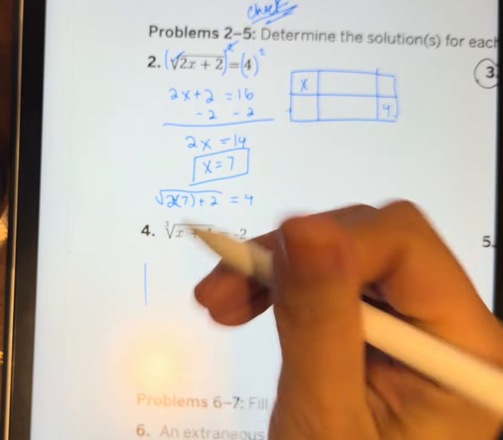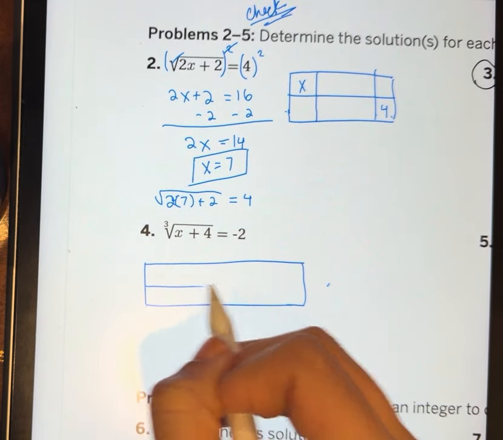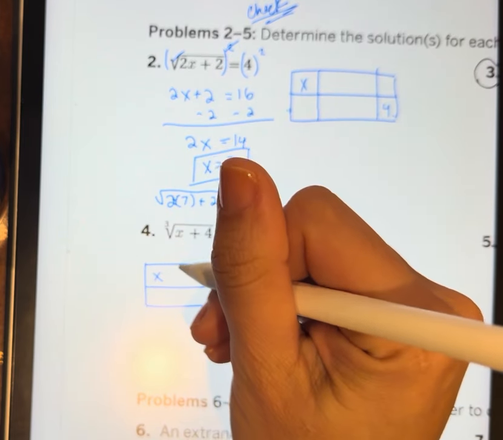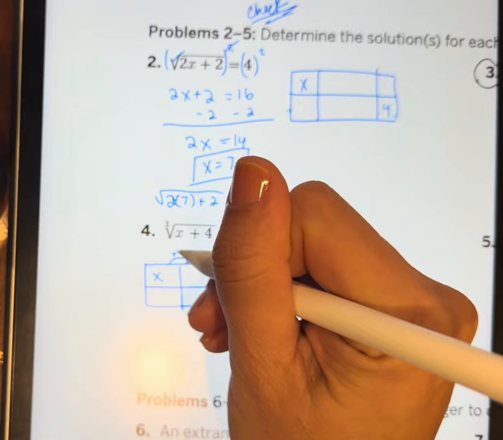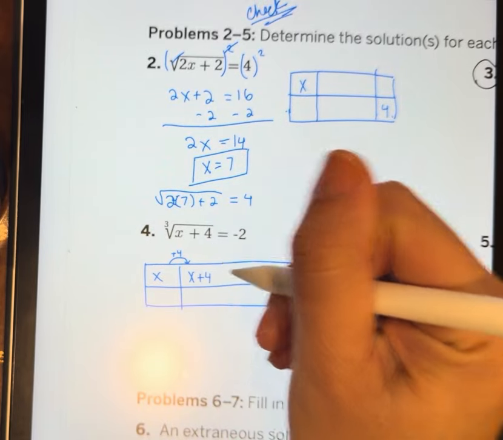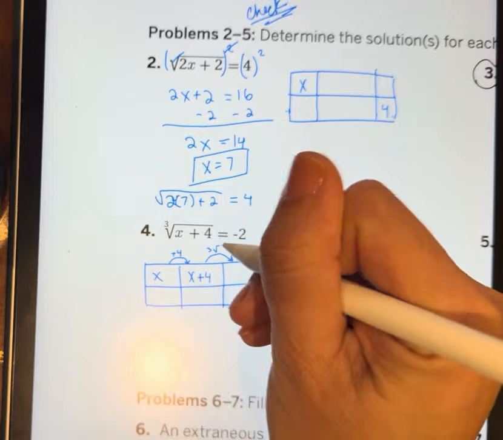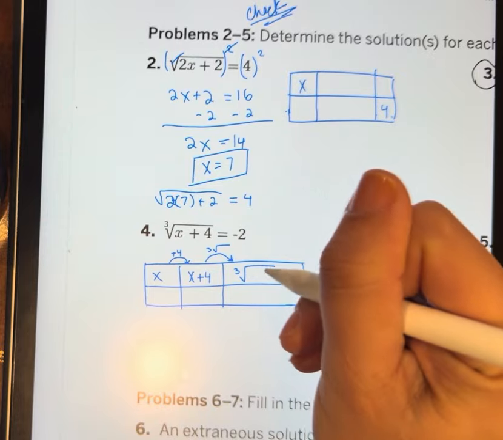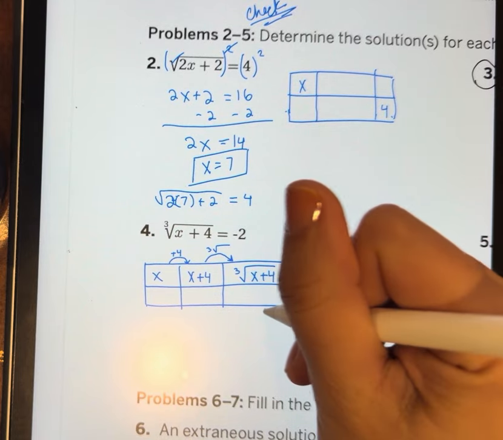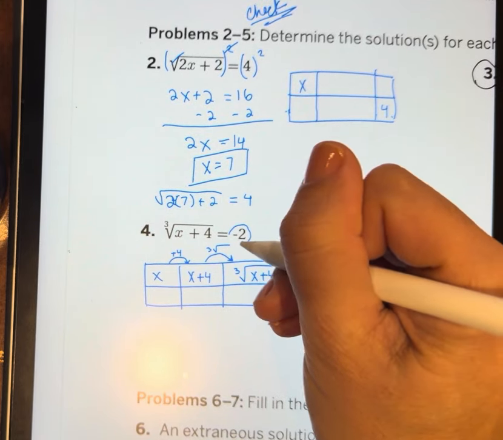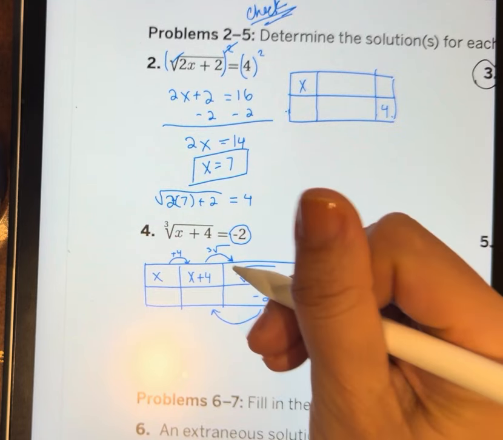To solve this with the table, I first build my function out, all right? I'll start with x in the first box, and the first thing is plus 4. And then the next thing is cube root. And then we are done. So now in this box, I'll start with the opposite side, so -2, and let's go.